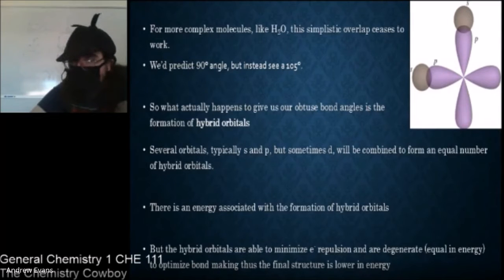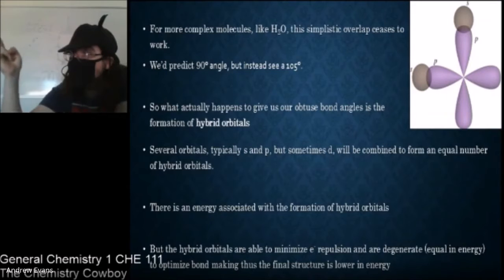Well, we're going to mix the properties of the s and the p orbitals together to get something a little bit better. Sometimes we're going to add in the d orbitals, but we're going to mix together two different types of orbitals and get an equal amount back of these hybrid orbitals. So for example, if I mix two orbitals, an s and a p, I'm going to get two hybrid orbitals back.